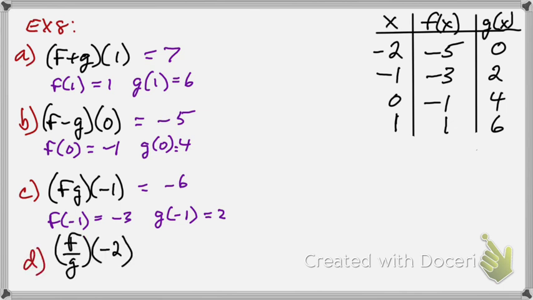Let's do a divide. So I've got f at -2 is -5. G of -2 equals 0. -5 divided by 0 is not happening.